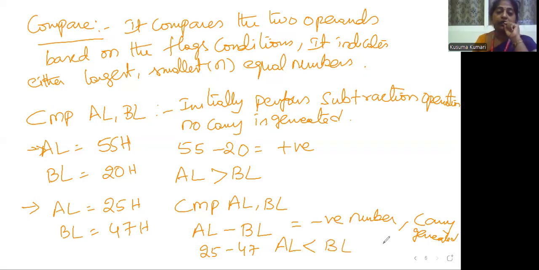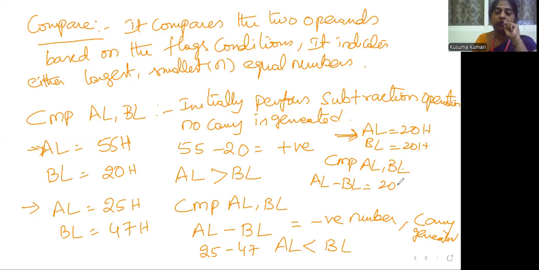And suppose in the third condition, AL is equal to 20 hexa and BL is also equal to 20 hexa. If we are using compare AL comma BL, then what happens? It performs AL minus BL, that means 20 minus 20.